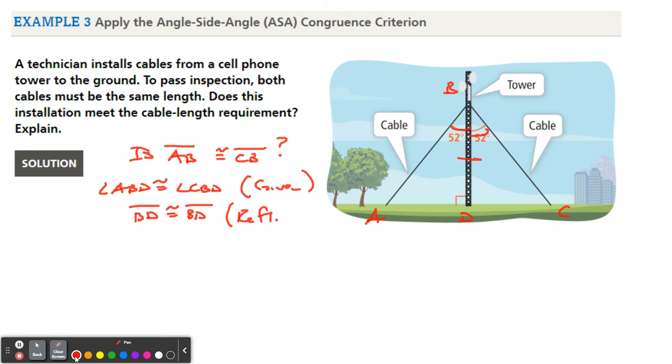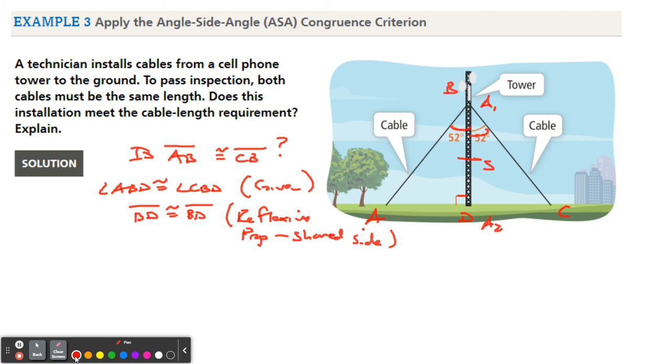We have not gotten into that very much this year, but that is one of your properties of congruence and equality, the reflexive property, because it's a shared side. If we do more and more triangle congruent proofs, you'll see that often. Okay, so we have an angle pair, and we have a side pair. So now in order to use ASA, we would need these angles down here to be our second angle pair.